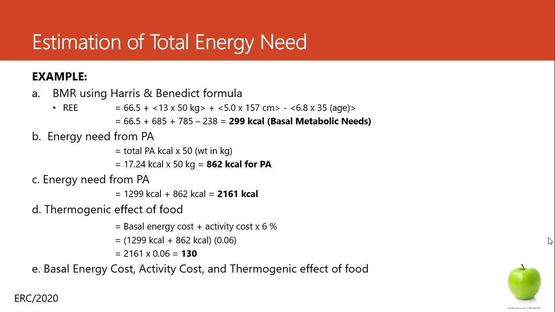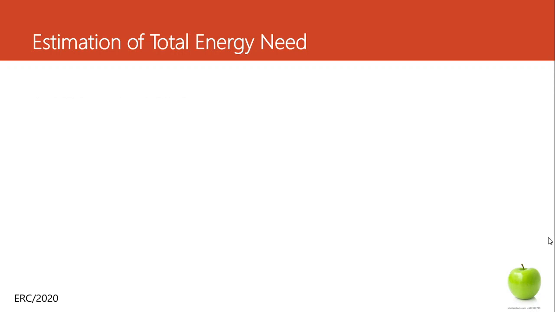And lastly, the basal energy cost, activity cost, and the thermogenic effect of the food. So we have 1,299 kilocal plus the 862 kilocal plus the 130 kilocal. So we have 2,291 kilocal. Okay, that's the estimation of the total energy needs.